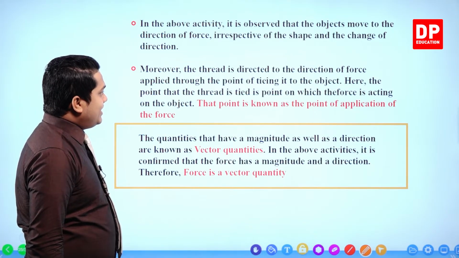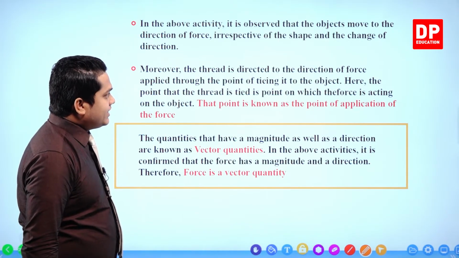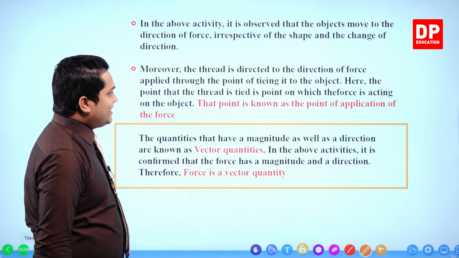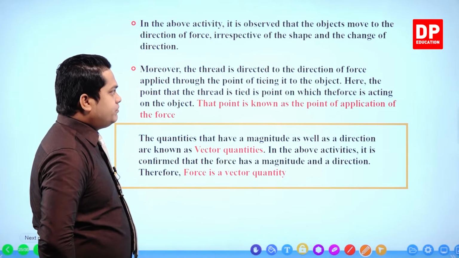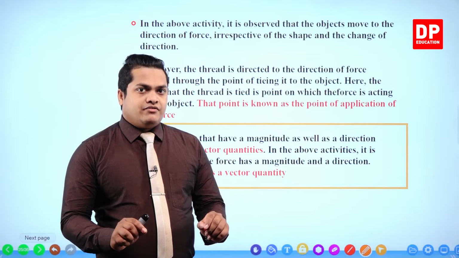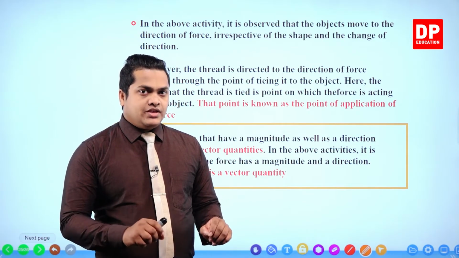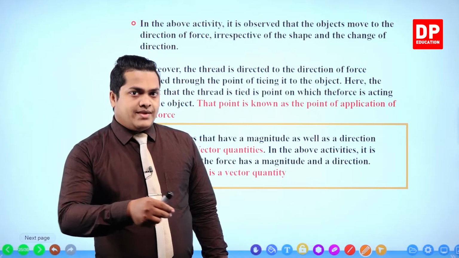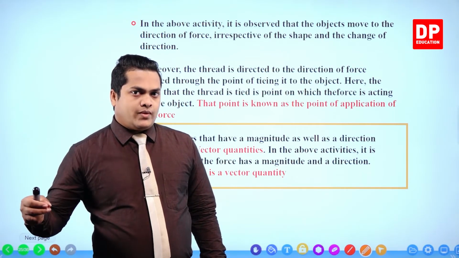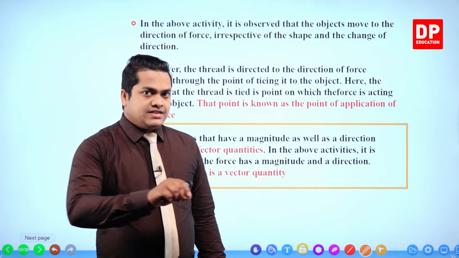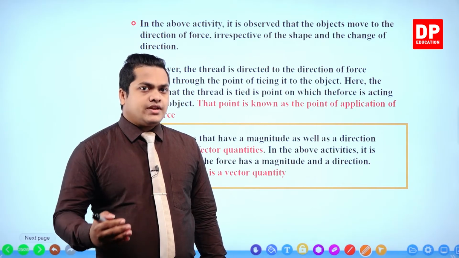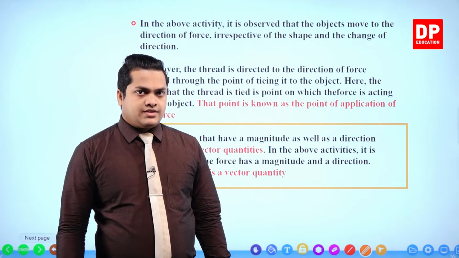Moreover, the thread is directed to the direction of force applied through the point of tying it to the object. So, the thread which has been used to tie the object, when I pull the thread, the force is acting along the thread and it is directed the same as the motion.